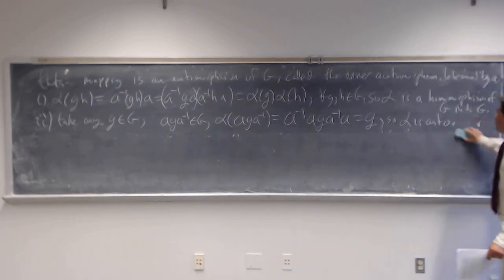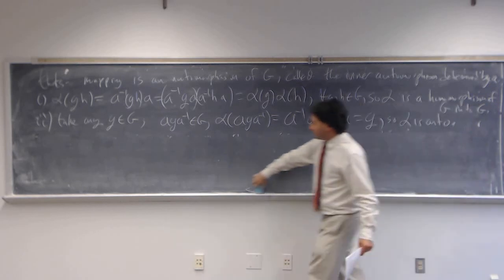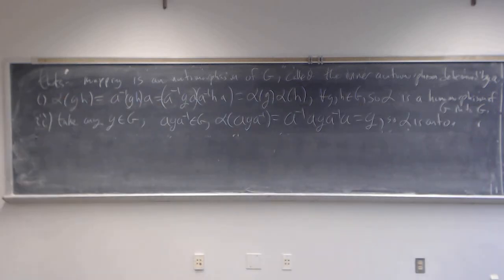So I've got a homomorphism from G to itself. I've got an onto. The last thing I have to show is one-to-one.